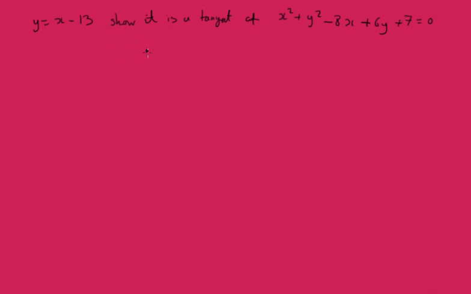So we're going to begin by substituting x minus 13 for y. Now the substitution you make will be determined by what's going to make the calculations the simplest. So x squared plus (x minus 13) squared minus 8x plus 6(x minus 13) plus 7 equals 0.